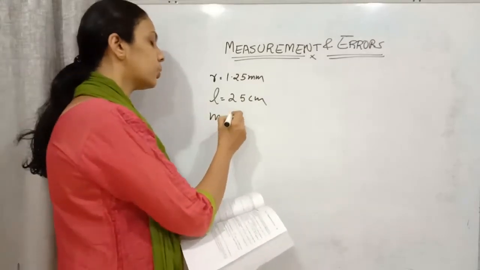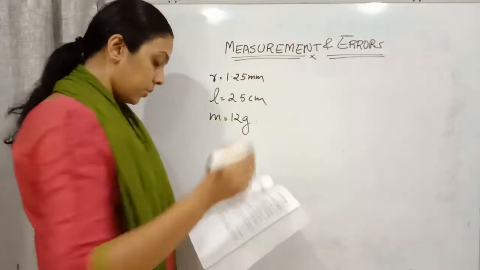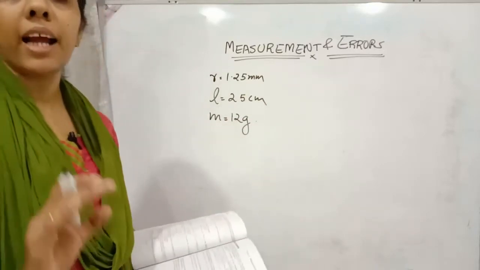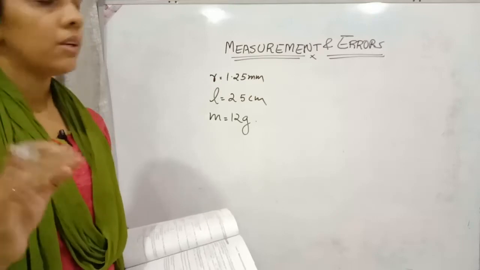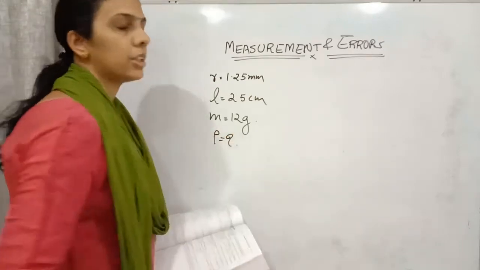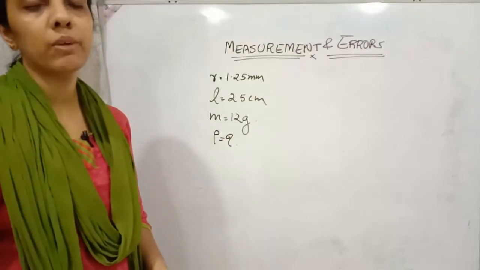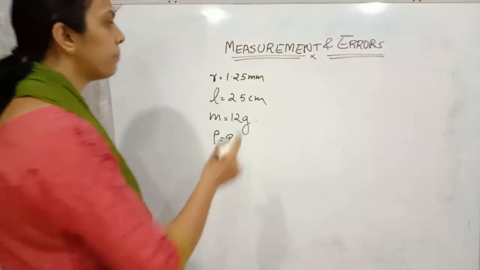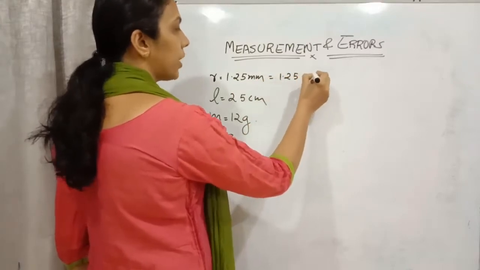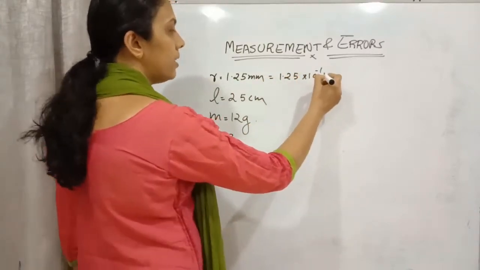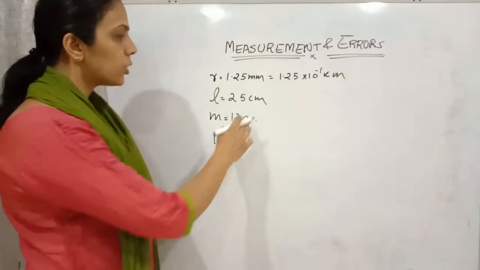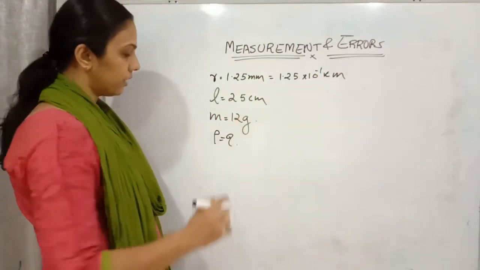Here we should find the density in gram per centimeter cube, because the options are given in gram per centimeter cube only. So we convert the radius into centimeter: 1.25 into 10 to the power minus 1 centimeter. Millimeter to centimeter conversion, so we get gram per centimeter cube.